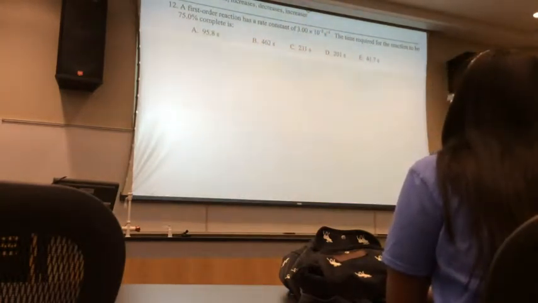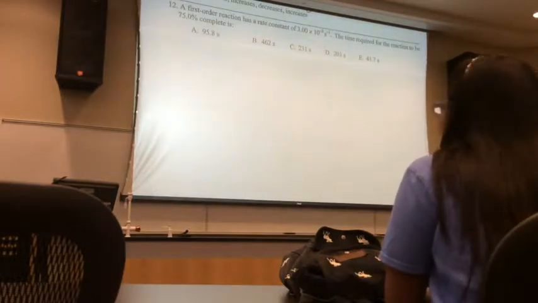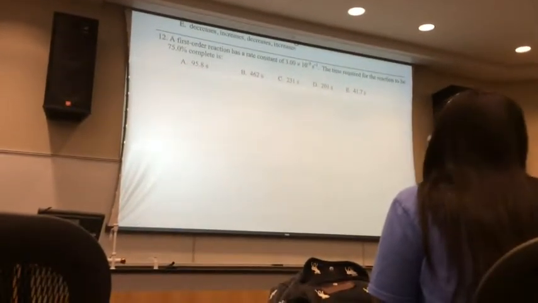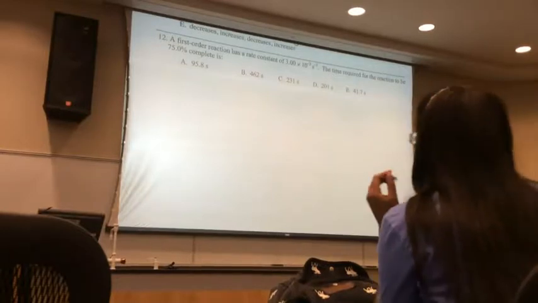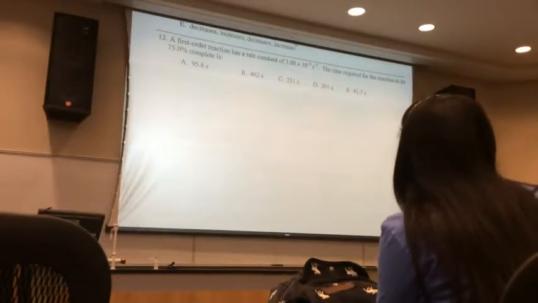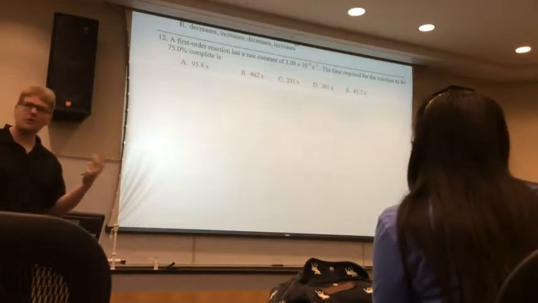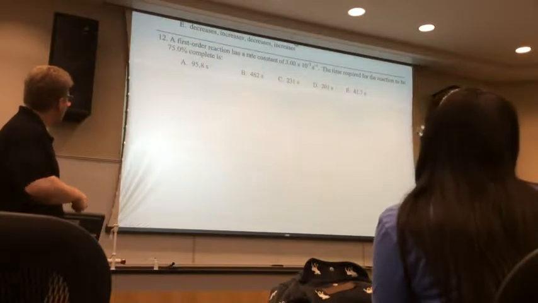This is a kinetics problem, and since we're being asked for time, we're looking at one of the integrated rate laws. We're not looking at a method of initial rates. We kind of fall into two broad categories. So the first thing we know is that this is an integrated rate law type problem.